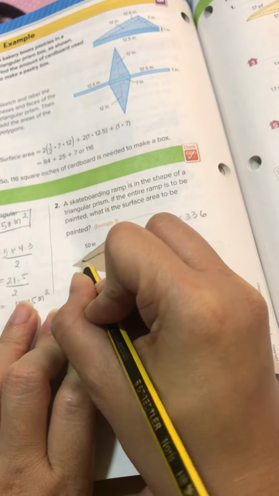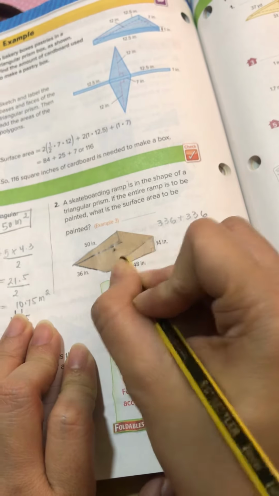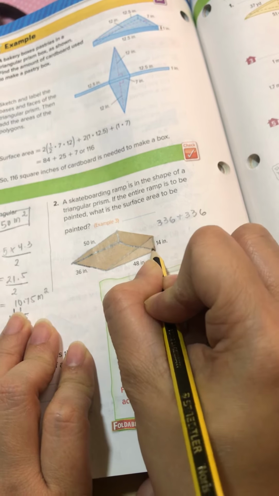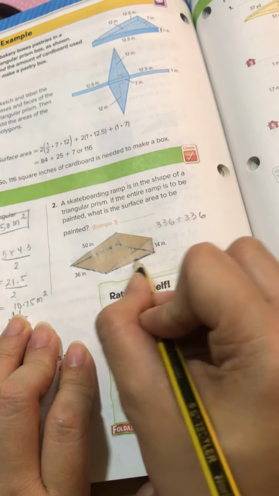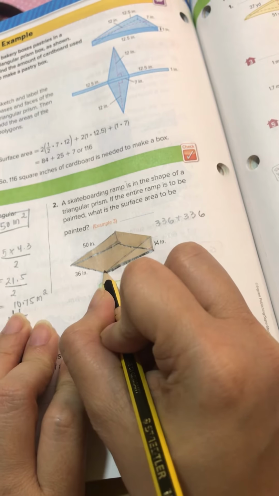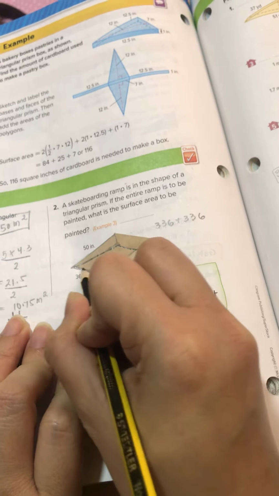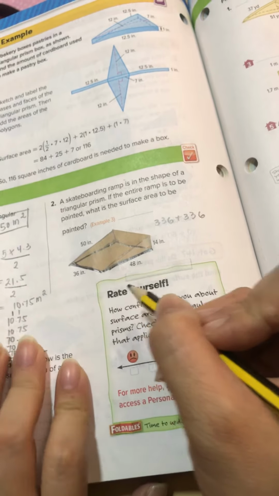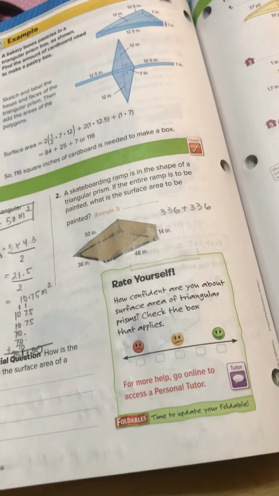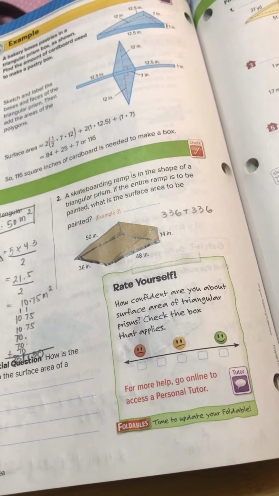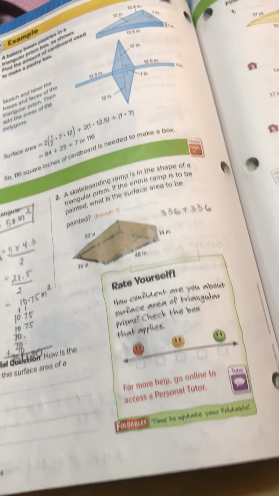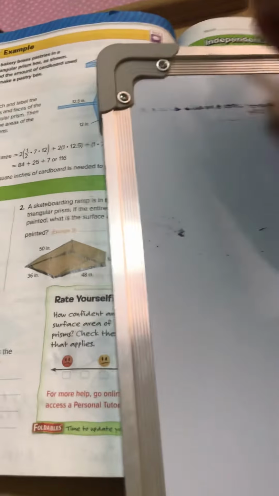I want to start with the rectangle down. Here, the base. Can you see it now? We got 48 and the height is 36. We know that the formula in getting the area of a rectangle is base times the height. So all you have to do is multiply 36 and 48 to get the area. I'll use the board to multiply it.